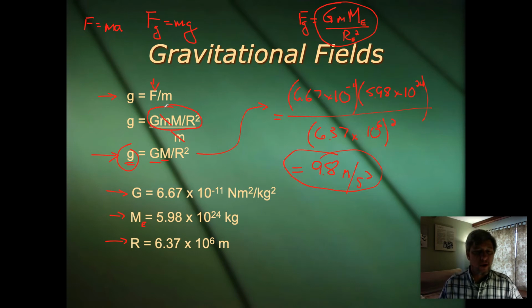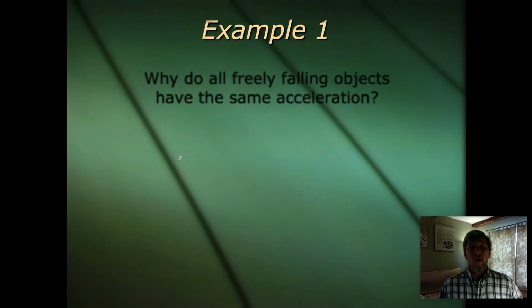The masses of the object, you or a coffee cup or a baseball, they cancel out. And so the acceleration of gravity is due to three constant numbers: Newton's universal gravitational constant, the mass of the Earth, and the radius of the Earth. And so that's why all freely falling objects have the same acceleration on Earth.